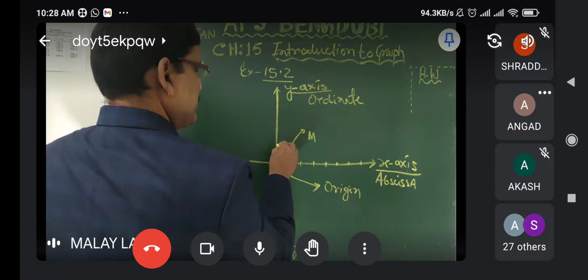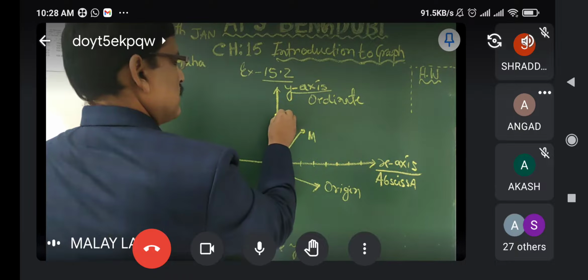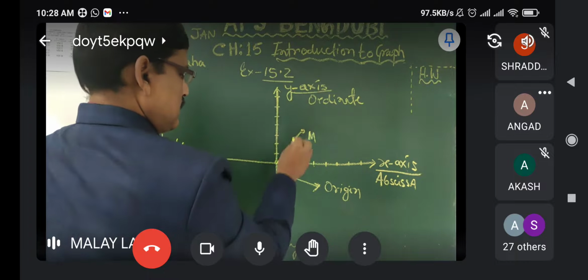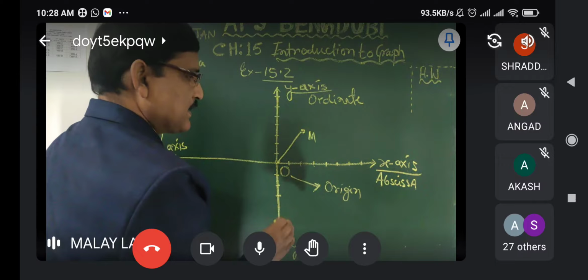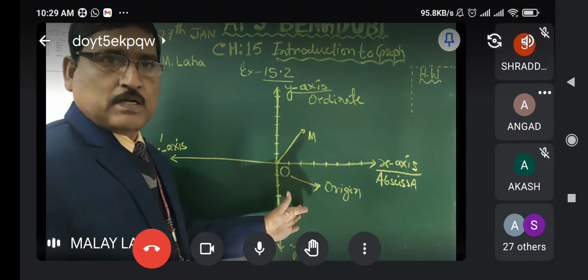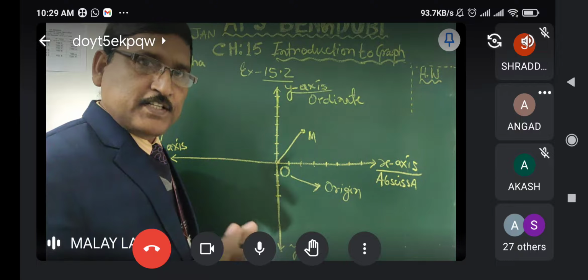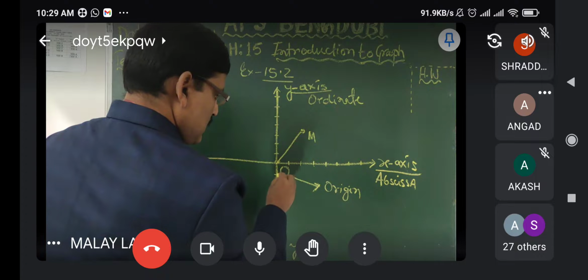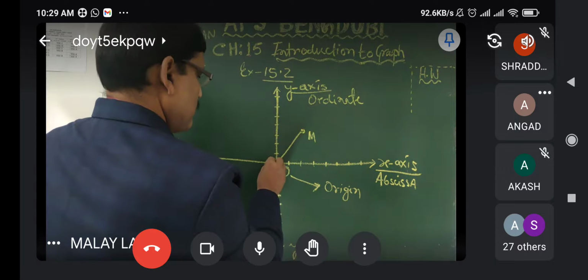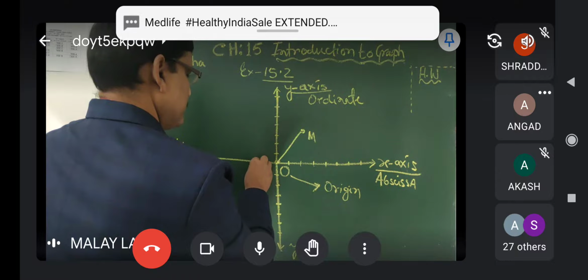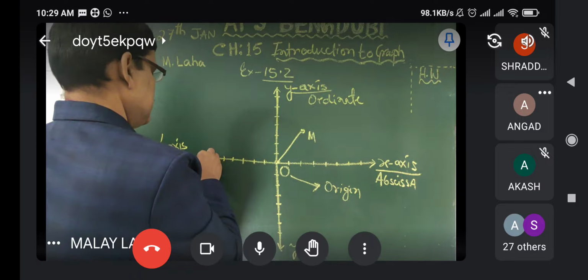Here also 1, 2, 3, 4, 5, 6, 7. Bottom also 1, 2, 3. I am marking it because on my board it is not marked. But in your graph paper it is already marked. So 1, 2, 3, 4, 5, 6, 7.